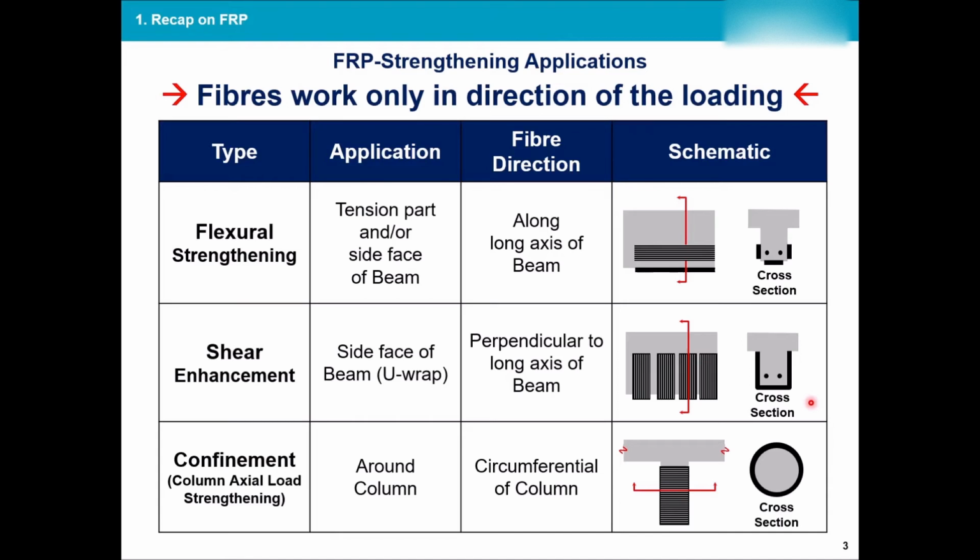We said whenever we want to resist the flexural or bending moment, we put the FRP's fibers in the same direction as the longitudinal reinforcement of the section. This is the cross section. As you can see, these small dots are the longitudinal ones. And if I look at the side, the direction of the reinforcement and the fiber's direction are the same.